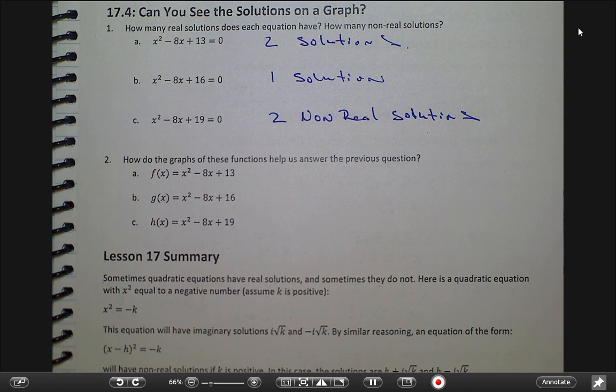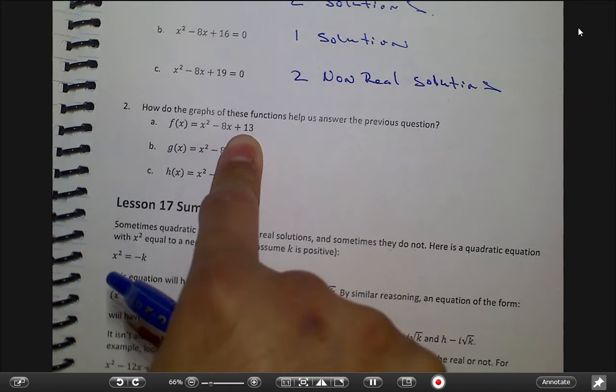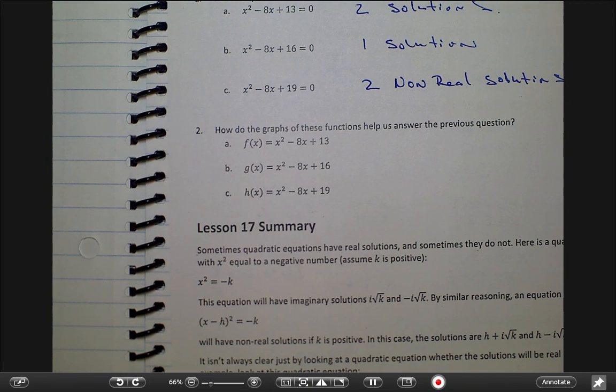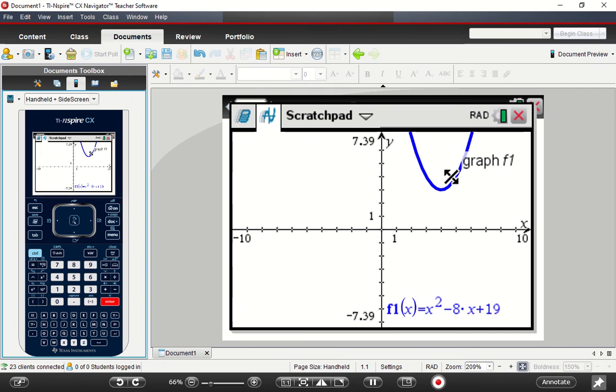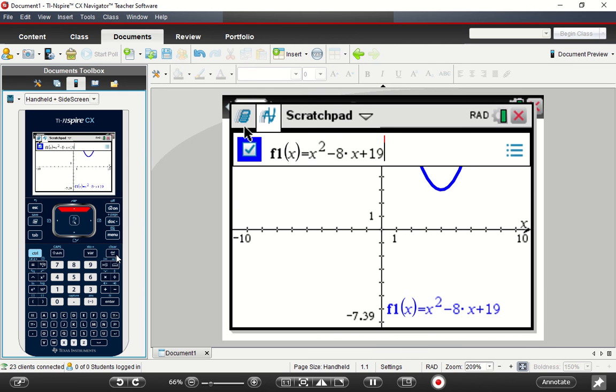Okay, so this next one, how do the graphs of the functions relate to the answers to the previous question. For this one, I could actually plug this in the calculator to see what I get. So I'm going back to my calculator, and let's go back to the first one, which was 13.